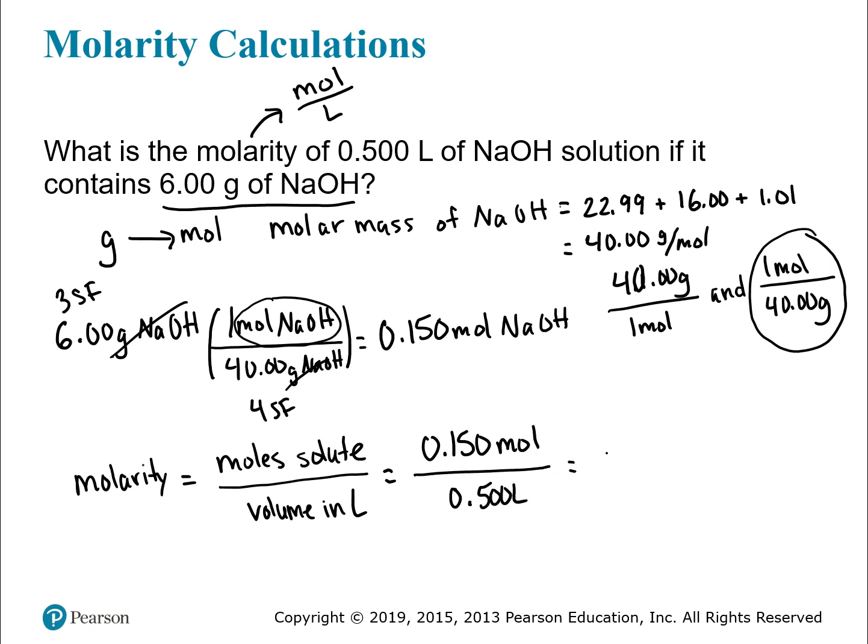When you do that division, and you account for sig figs, which you should have 3, you get 0.300 molar. If you were just given the number of moles, you could simply divide. But since we had grams, we had to calculate moles first. So that's the key to this problem.